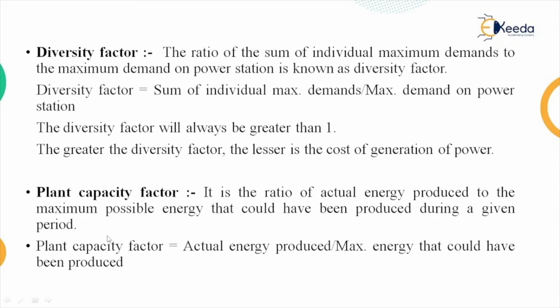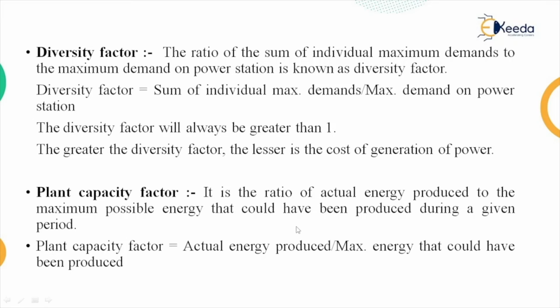Then plant capacity factor: it is the ratio of actual energy produced to the maximum possible energy that could have been produced during a given period.